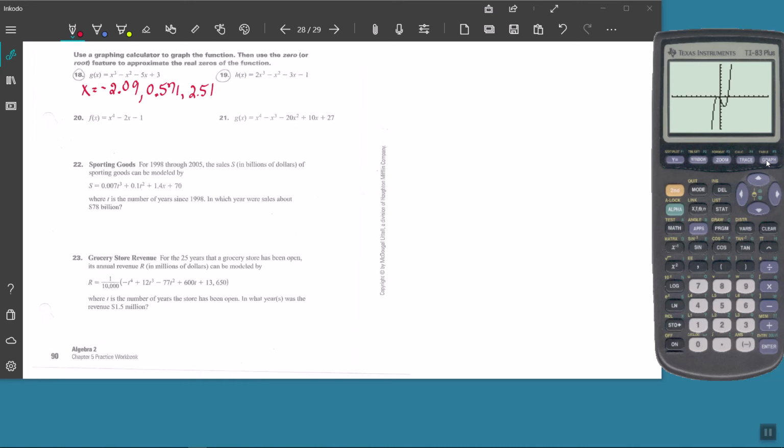It might be a little bit harder to see these, so we probably could change the window a little bit to see if we can get it in a little bit closer, but it looks like we're pretty good. So we're going to hit second trace. And again, we're looking for 3 roots.